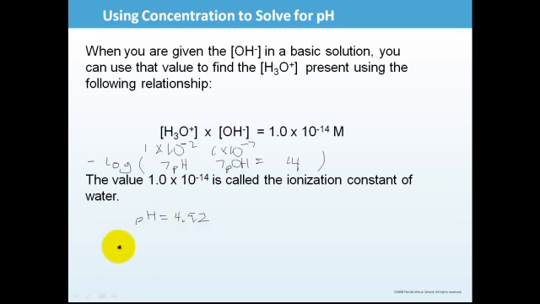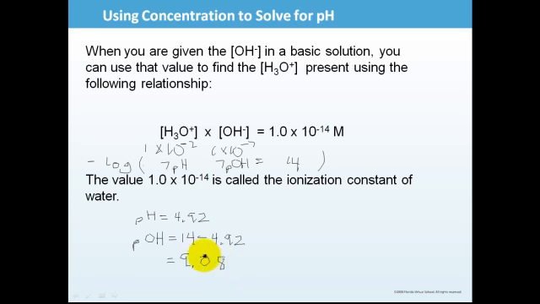So if we wanted the pOH, we could simply take 14 and subtract the 4.92. And that would give us a pOH of 9.08.